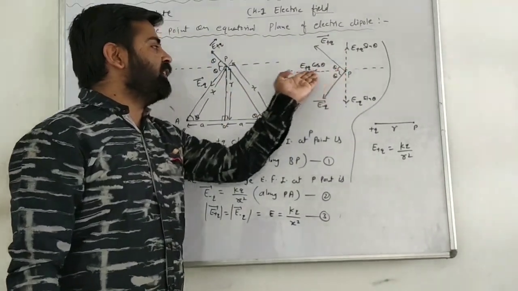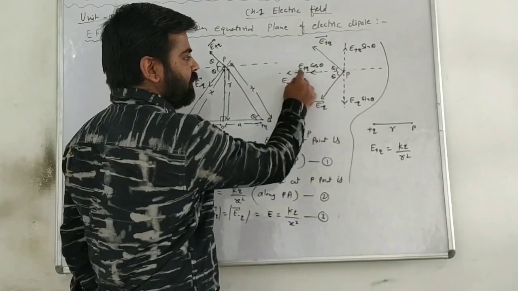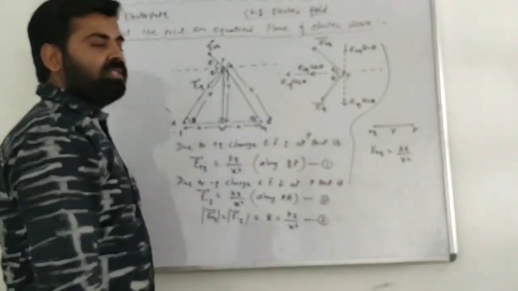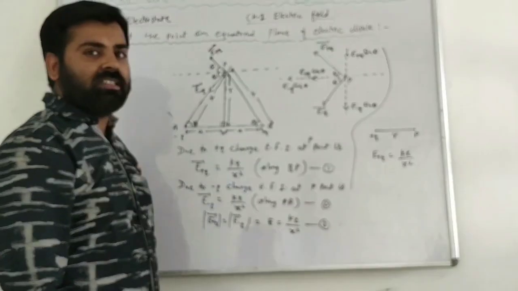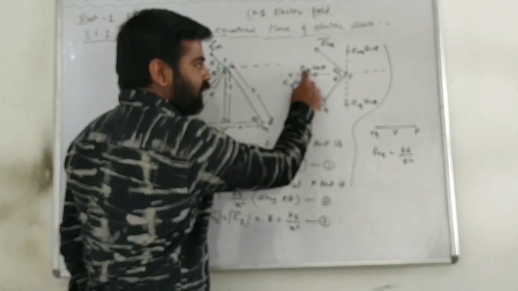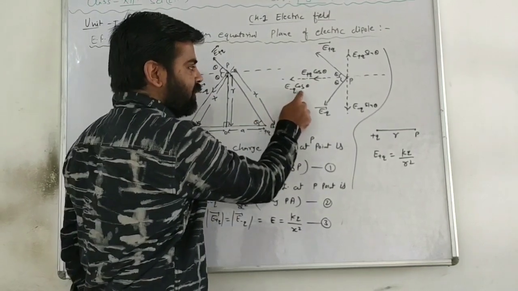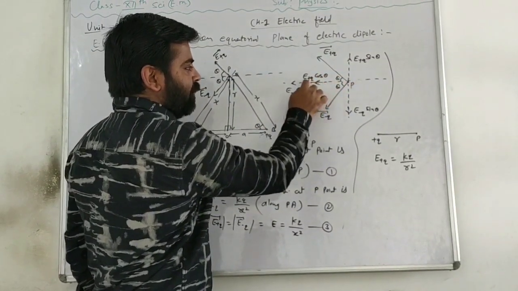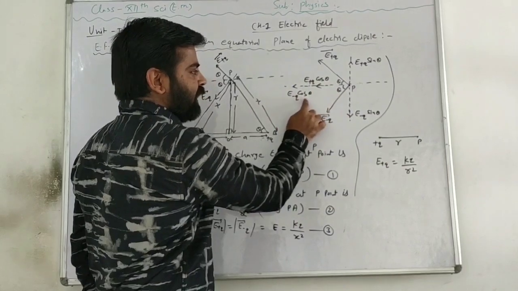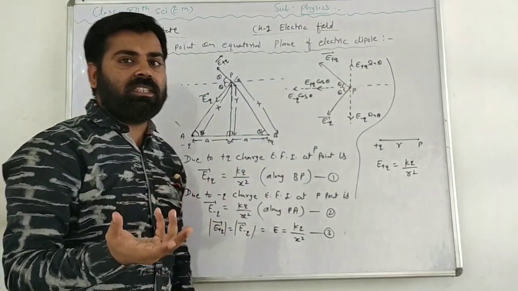And in horizontal components, E plus q and E minus q, both magnitudes are the same, written as E. So E plus q cos theta and E minus q cos theta are both E cos theta, and their direction is also the same, so they will be added.